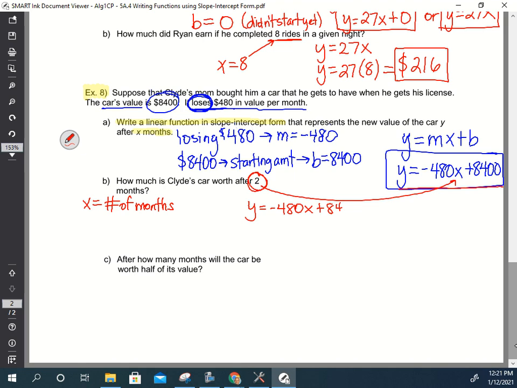So y equals negative 480 times 2 plus 8,400. So negative 480 times 2 is negative 960 plus 8,400. So how much is Clyde's car?